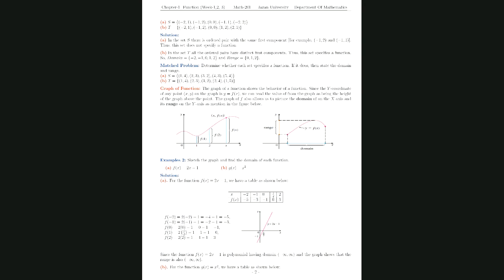Now look over here at this matching problem. First you see this set S. Tell me, is this a function or not? Here every input appears 1 time. Look here, input 1 appears only 1 time, input 2 only 1 time, input 3 only 1 time, 4 is 1 time, 5 is 1 time.